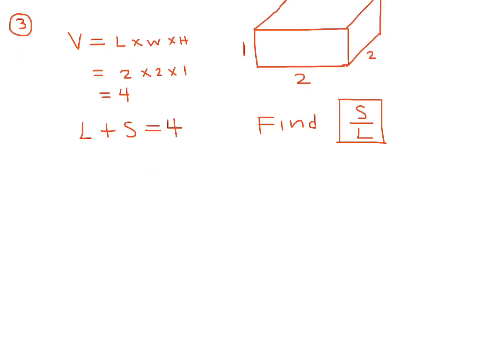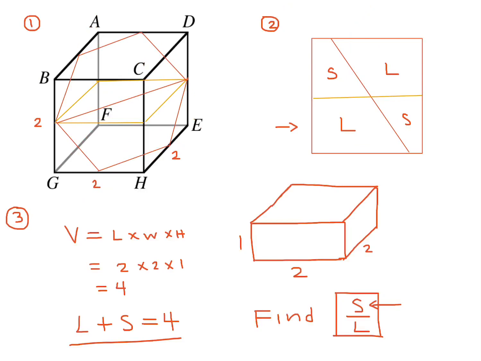Now the next step is I have to draw S. This S that I'm trying to figure out, I have to draw it. And once I draw it, I have to then figure out the volume. And then I can use this formula to calculate L, and then I can figure out the ratio. So the next step is to draw S. Now before I draw S, I want you to understand that in this one here, this is S and this is S, right?